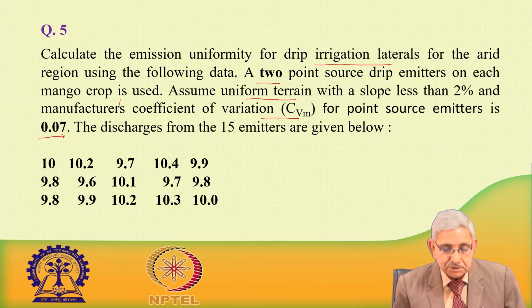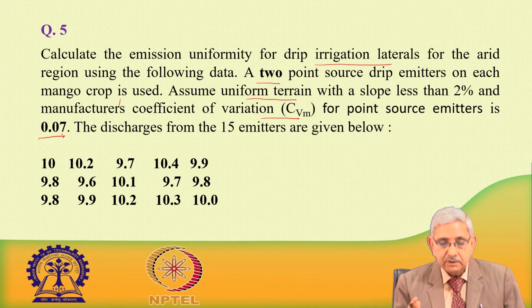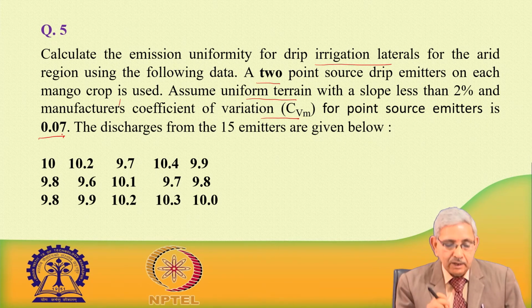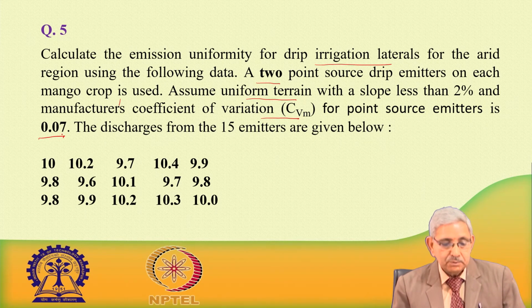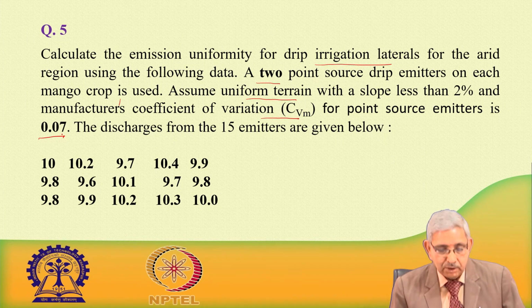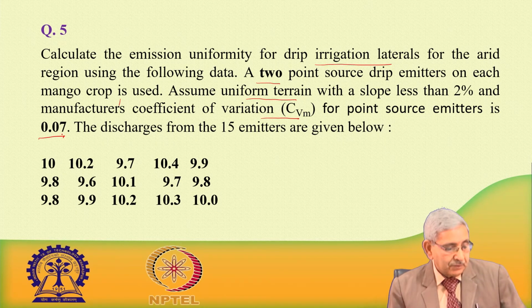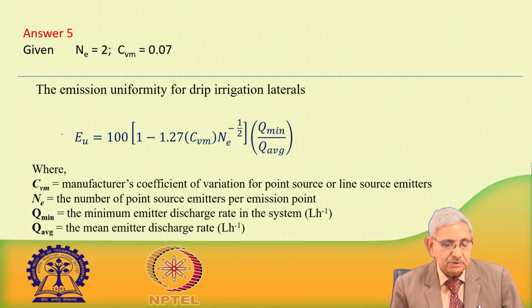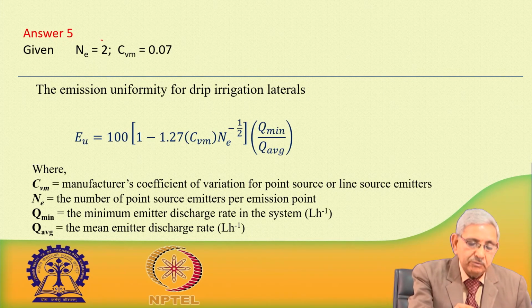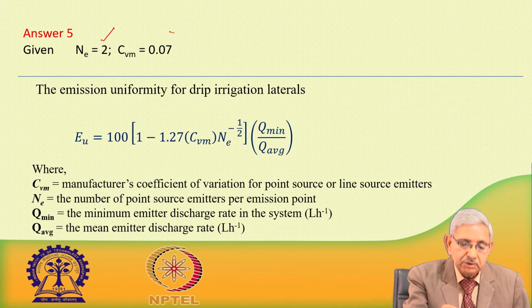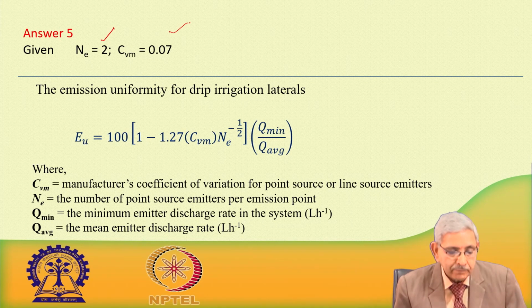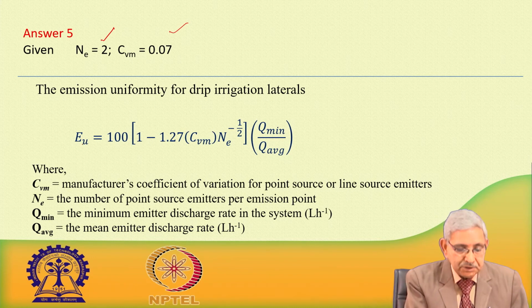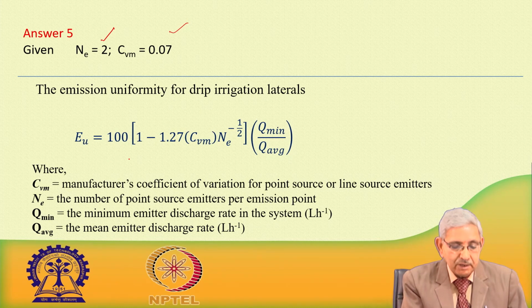The discharges from 15 drippers collected from the field are given here. So, these values are also available to us, that is, 15 observations. We have been given NE equal to 2, CVM equal to 0.07, and the same expression, which I am repeating here.